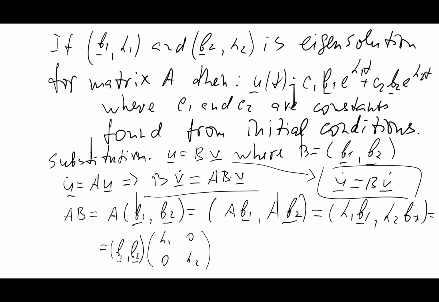You can see this matrix times this matrix: it will be B1 times lambda 1 in the first column, and the second column will be B1 times 0 plus B2 times lambda 2, which is B2 times lambda 2. So this is, in fact, matrix B times this diagonal matrix D, where D is lambda 1, 0, 0, lambda 2.